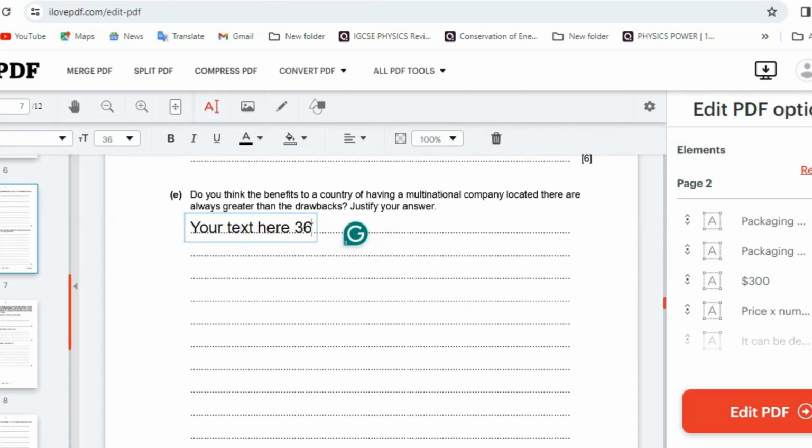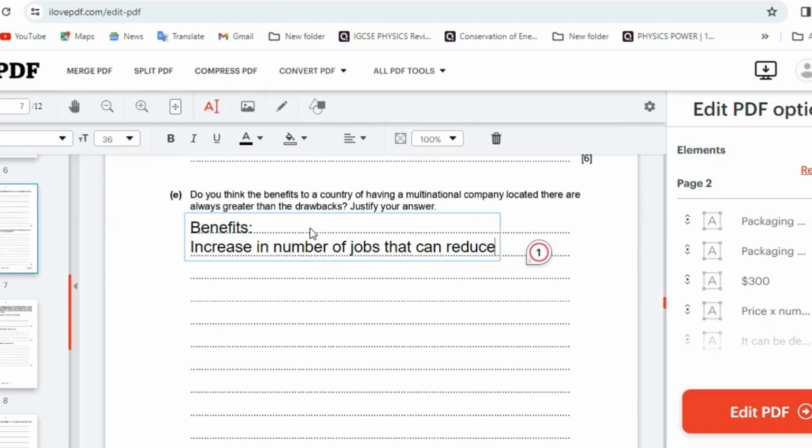Okay, the benefits. One of the benefits is increased number of jobs that can reduce unemployment.